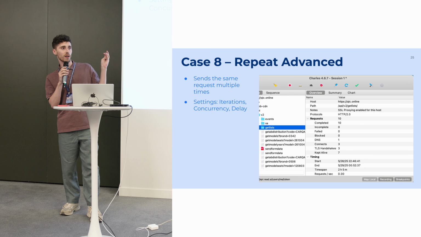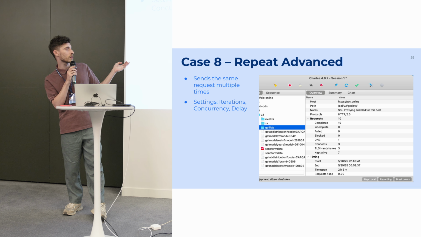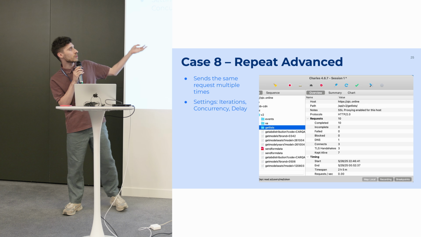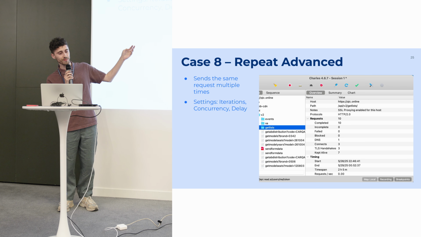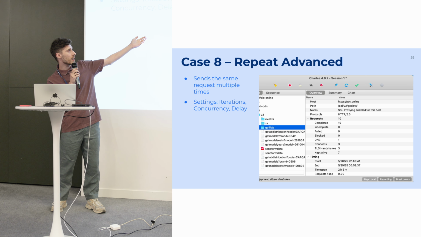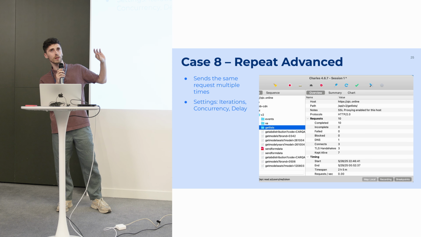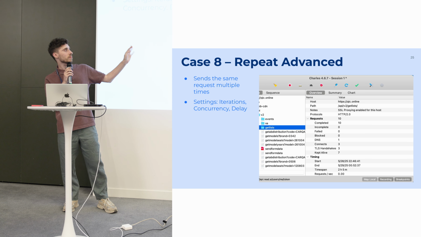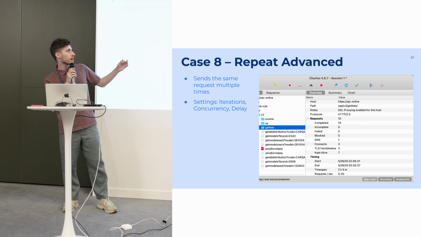Also, we have advanced repeat, and through this function we can repeat our requests, for example, 20 times. We can send them in parallel, and we can set up a period of time between sendings.